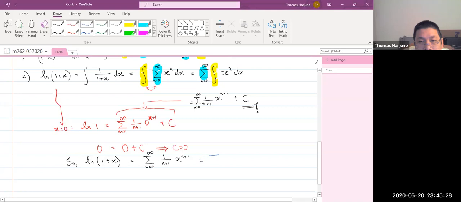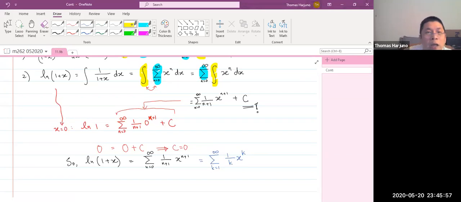I will change my index, starting from 1. If I start from 1, what will happen to 1 over n plus 1? It becomes 1 over k, and this is x to the k. Is it okay? That's the play of indexing.